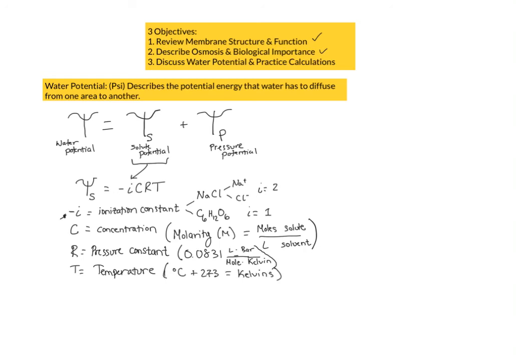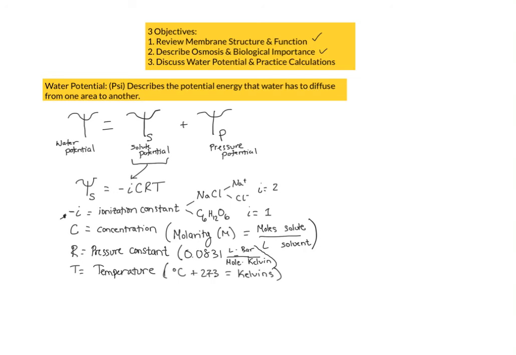Okay. So those are what the variables mean. We have I is the ionization constant, C is the concentration, R is the pressure constant, and T is the temperature. So we can calculate the solute potential if we have those items.